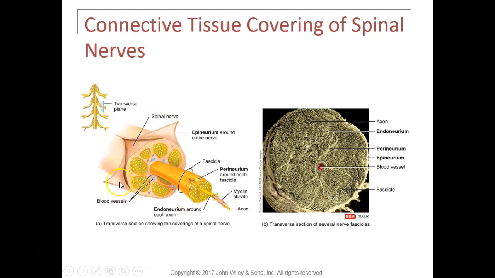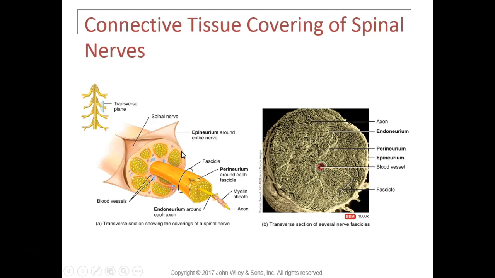So this would constitute the nerve, with all of the axons of neurons being wrapped up in connective tissue around it. Let's look at the connective tissues that surround a spinal nerve. Surrounding the outside of the spinal nerve directly is the epineurium, the outermost connective tissue wrapping.